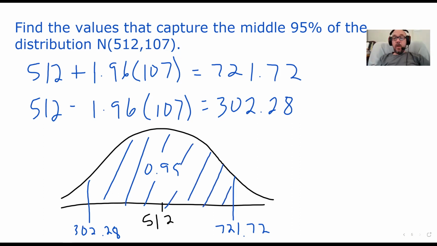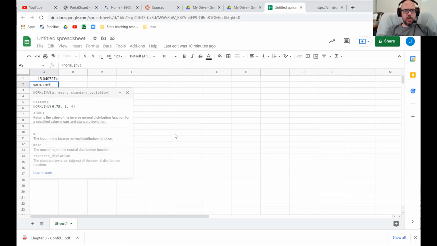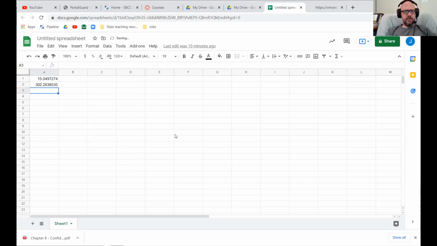Now, let's use the norm.inv function in Sheets to see how we could do the exact same thing. So if we go to Sheets, I could do equals norm.inv of, okay, the left boundary had 2.5% of the area to the left of it, with a mean of 512 and a standard deviation of 107. 302.28, exactly like we saw before.